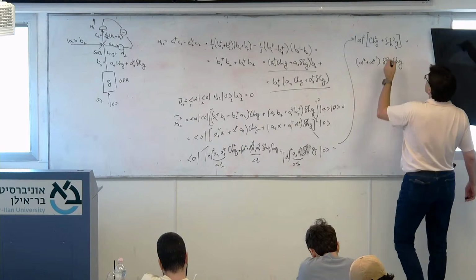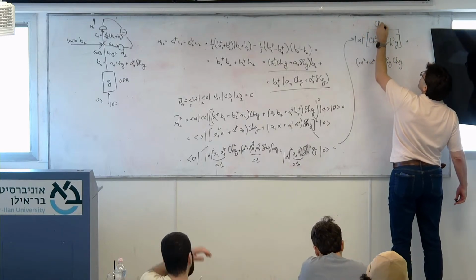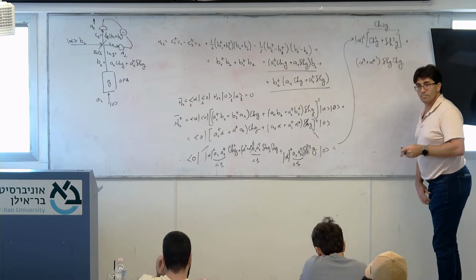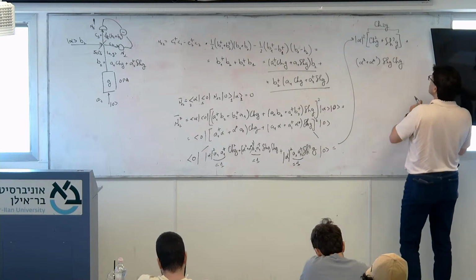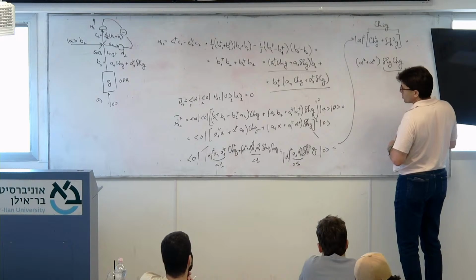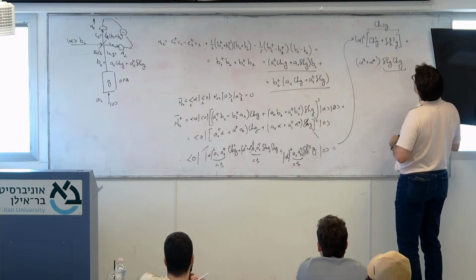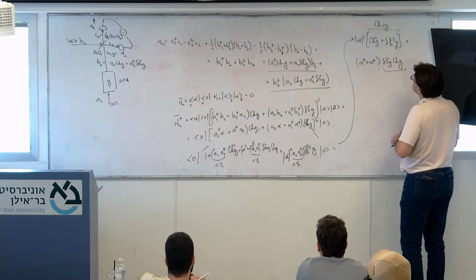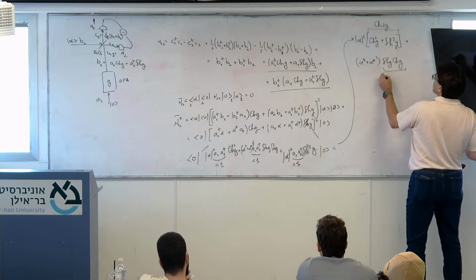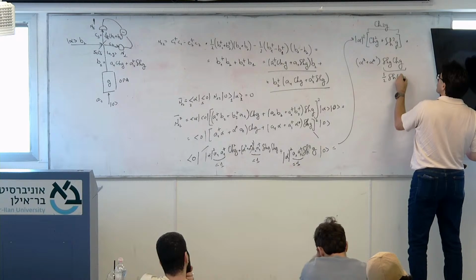Now, this is hyperbolic cosine of 2g. And this, I think I'm missing a 2. I would have liked to have a 2 here. No need of a 2. So this is half hyperbolic sine of 2g.